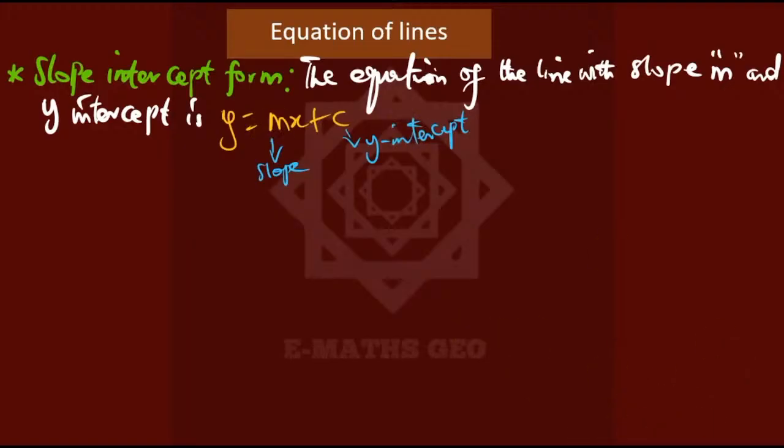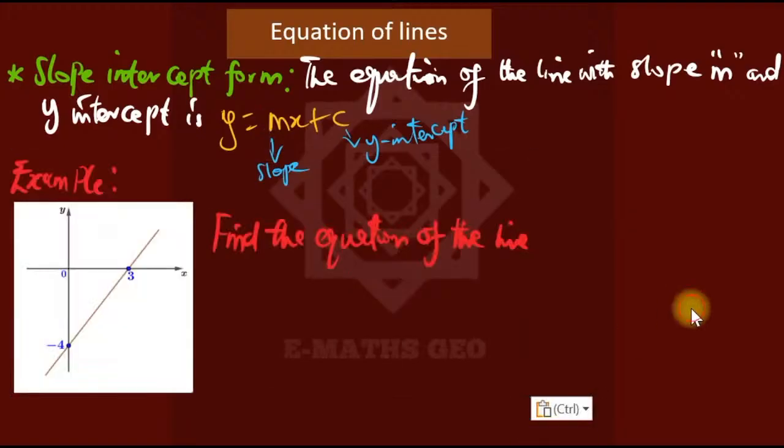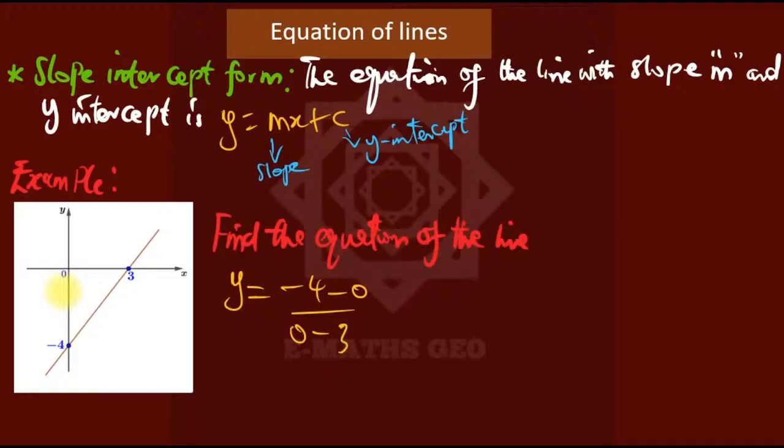We are asked to find the equation of this line. Using this formula, y is equal to mx plus c. m is the slope, and slope is change in y over change in x. So it is minus 4 minus 0 over 0 minus 3.